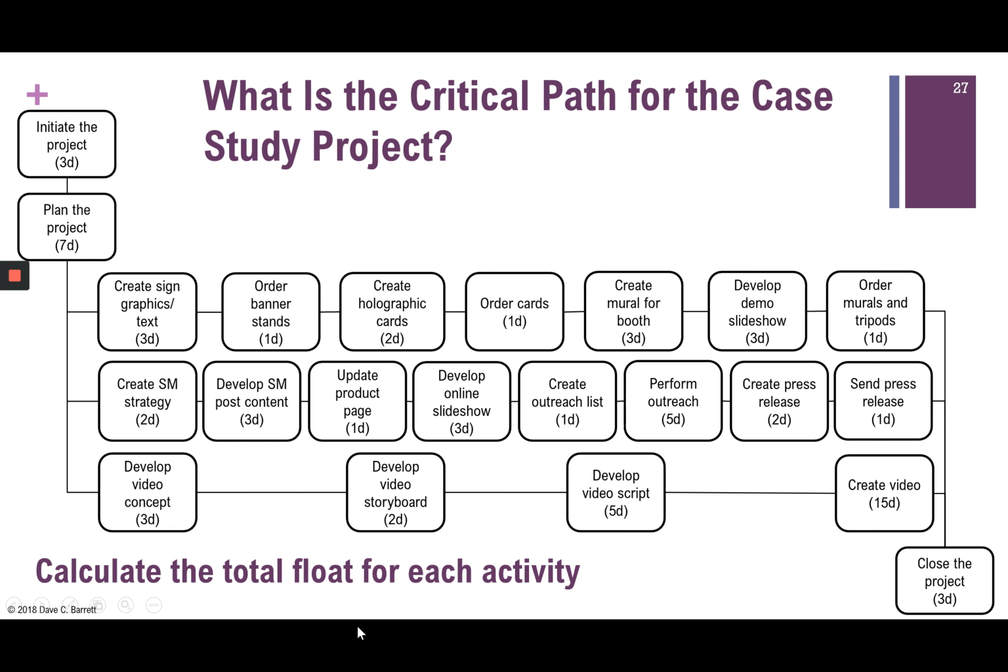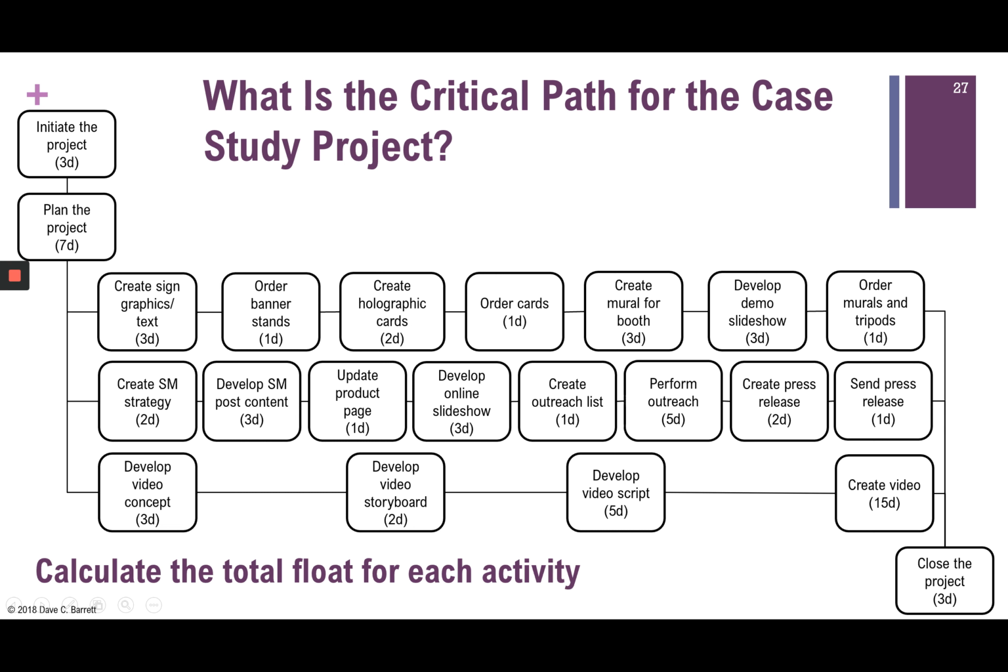If you subtract the 14 days, the duration of the critical path activities, 25 minus 14, you'll realize there are 11 days of float in the activities along this top row.